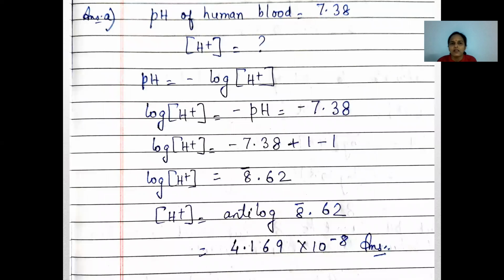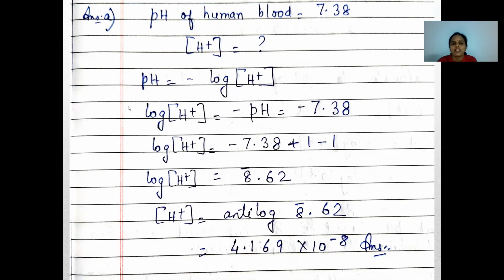The first part you see, pH of human blood is given here as 7.38 and you need to calculate the H plus ion concentration. Firstly, you put the formula pH is equal to minus log of H plus ion concentration. So after putting this formula, pH is given 7.38 and you need to calculate the value of log H plus.